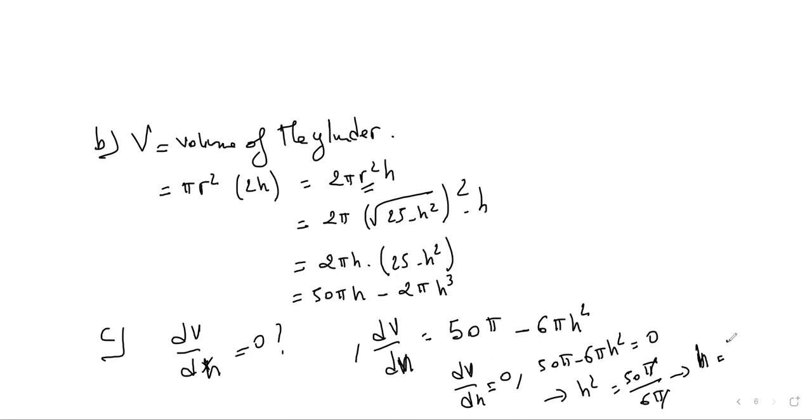So h is the square root of 25 divided by 3, which is 5 divided by the square root of 3. Since we hate having a square root in the denominator, I will multiply by the square root of 3 on top and bottom. So h is 5 square root of 3 divided by 3, and this is the value of h.